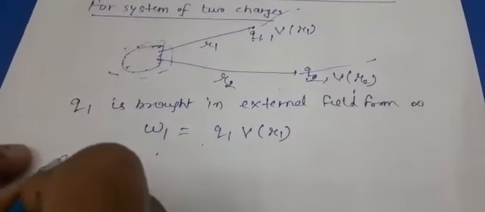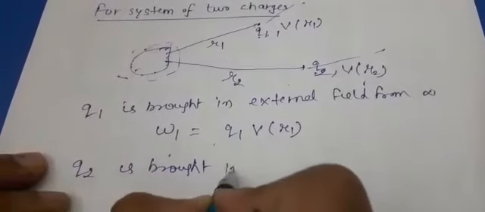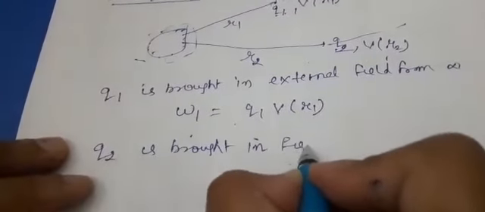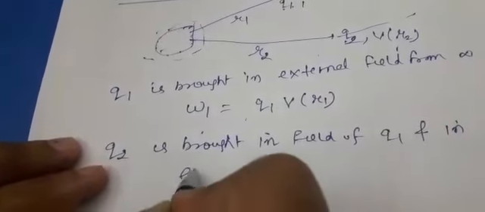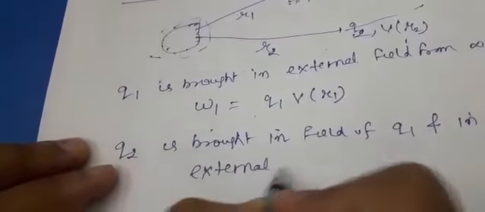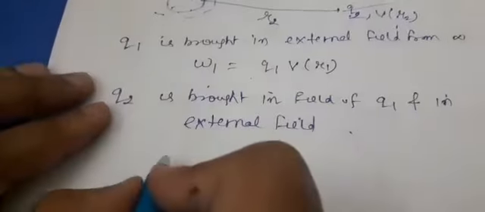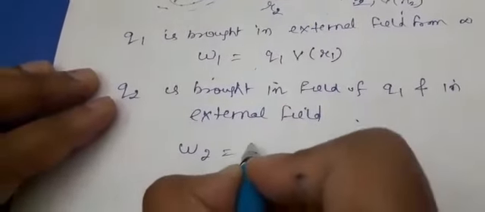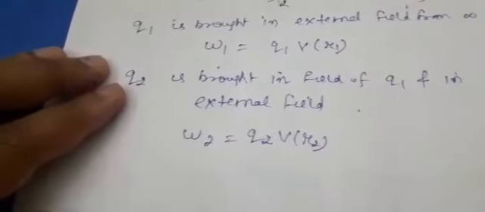So Q2 is coming in the potential region of the initial charge present here. So if Q2 is brought in the field of Q1 and in the external field, both effects will be there: the field of Q1 and the field of this external part. So what will be the work done? This will be equal to Q2 into V(R2), because of the external field.